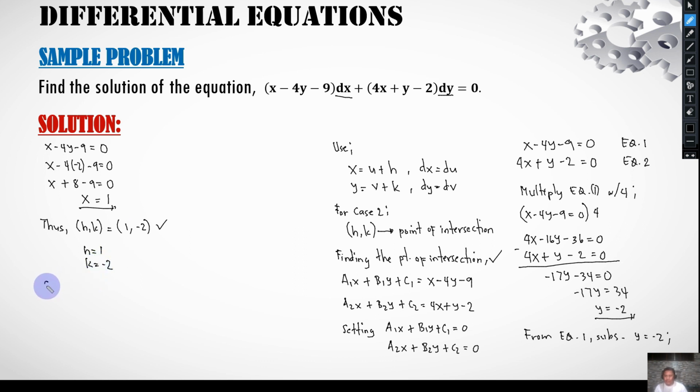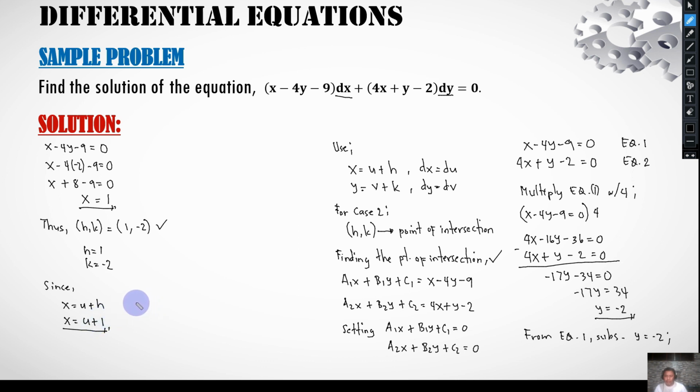So since we have x is equal now to u plus h, at saka yung x natin dito is equal now to u plus h, which is u plus 1. Right? So ito yung x natin with respect now to your u.